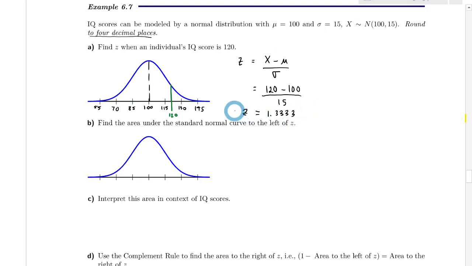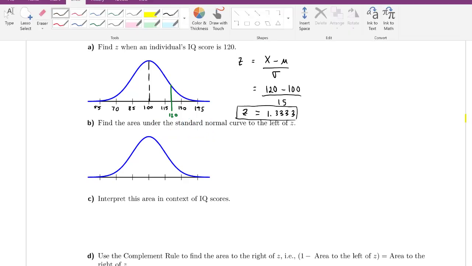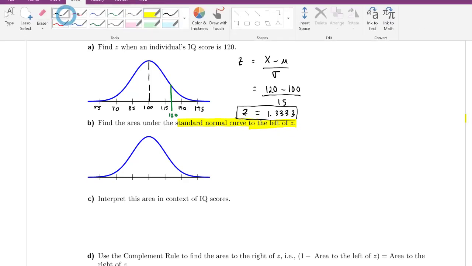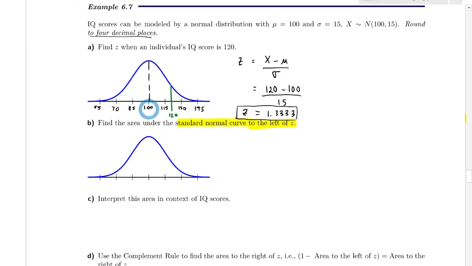So now let's say I want to find the area under the standard normal curve to the left of z. What does standard mean? Well, that means it's standardized. So now the 100 is 0, because that's the z-score. And you become -1, -2, -3, 1, 2, 3.